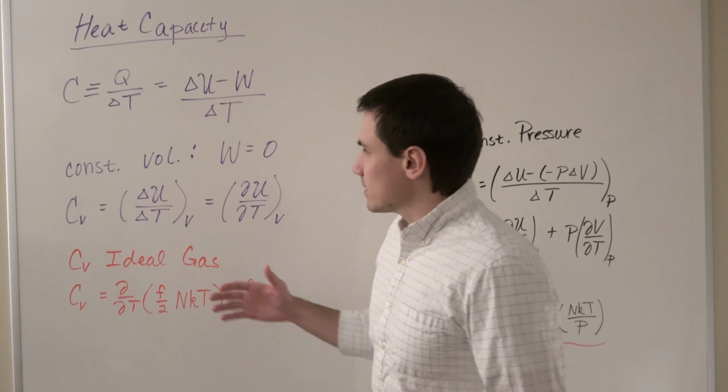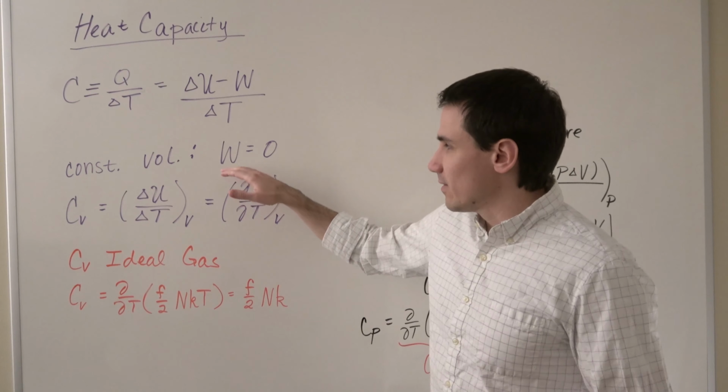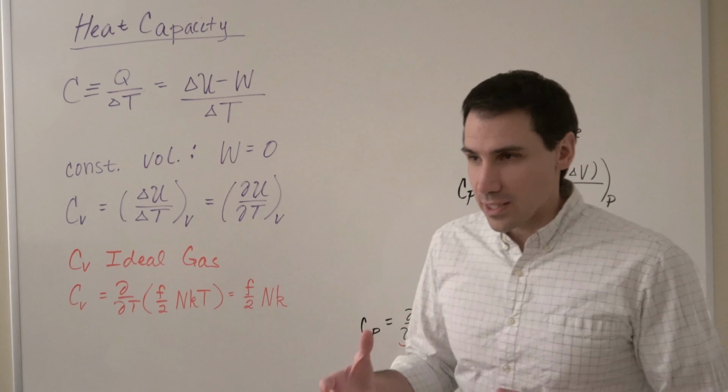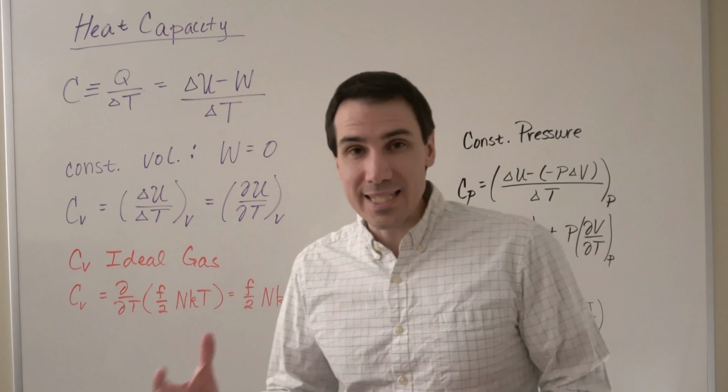The idea is that if your volume is constant, then no work can be done on the system. Work is equal to the integral of P dV, the change in volume, but if your volume doesn't change, then you're not doing any compression work. And we're assuming that there are no other types of work being done that aren't compression work either.